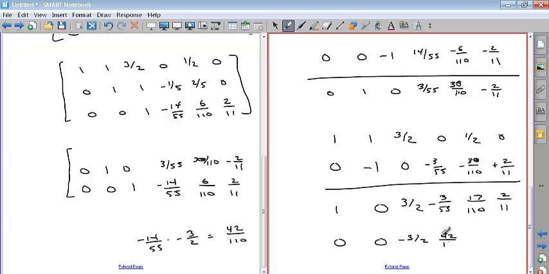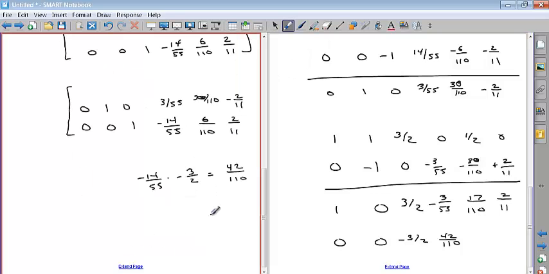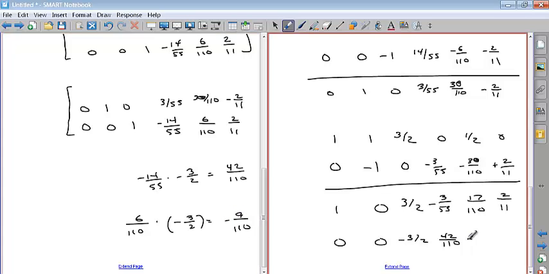The second thing, I have 6 over 110 times negative 3/2, which is going to be equal to, well, 6 divided by 2 is 3, so 3 times 3 is, so you get negative 9 over 110.